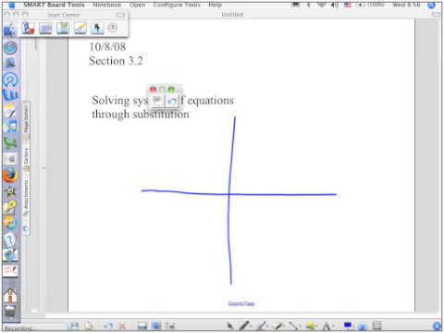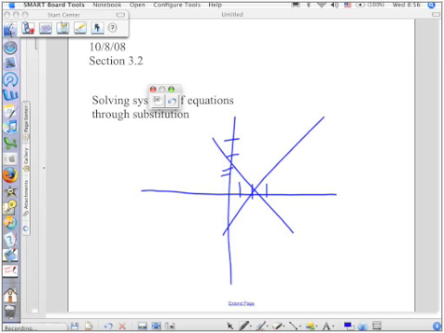Now sometimes when we graph, we come across something that may crisscross right there. And on a graph, what is that? Is that 1 and, I don't know, 1 1/5, 1 2/3?